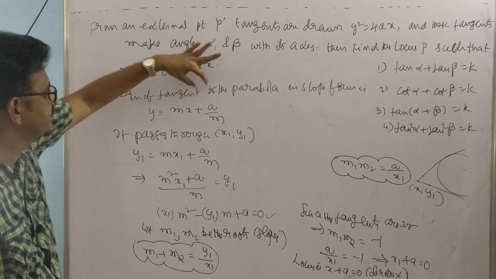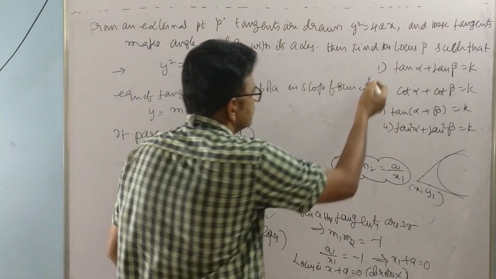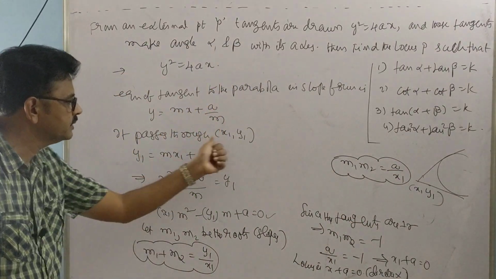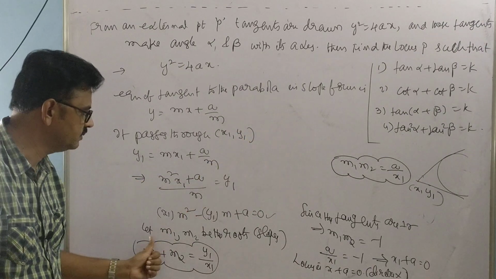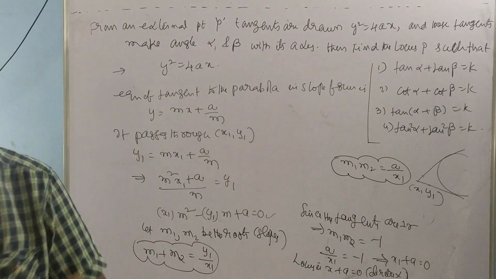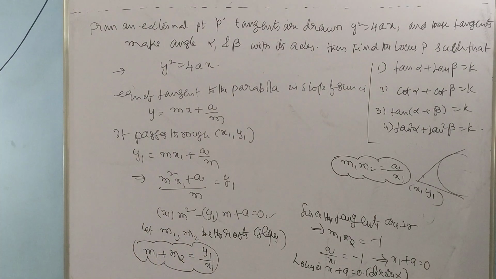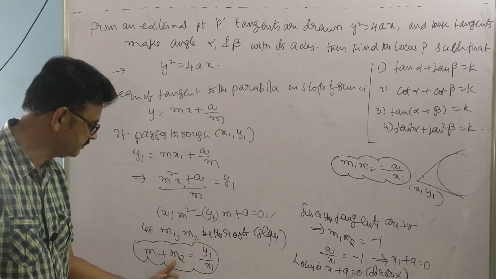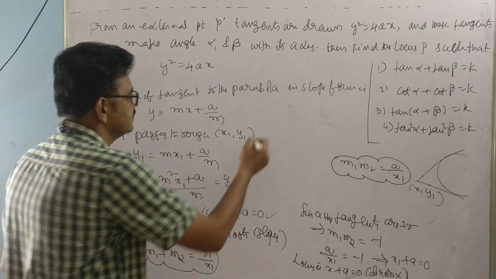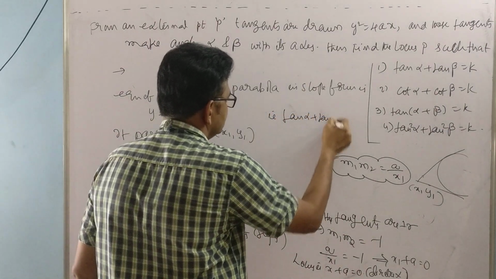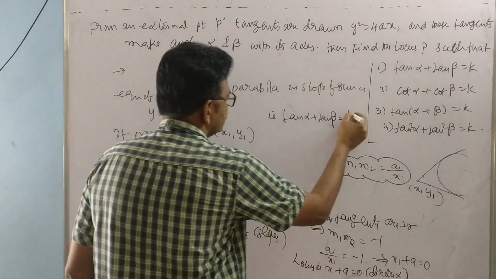The equation of a tangent to the parabola in slope form is y equal to mx plus a by m. It passes through the point x1, y1. Then you get a quadratic equation in terms of m. What is m? Slope. m1 is a slope, m2 is a slope. Slope means tan alpha. So m1 is tan alpha, and the sum of roots, tan alpha plus tan beta, is equal to y1 by x1.